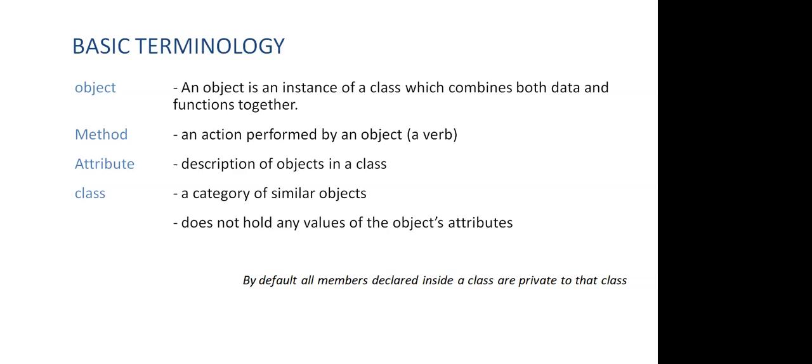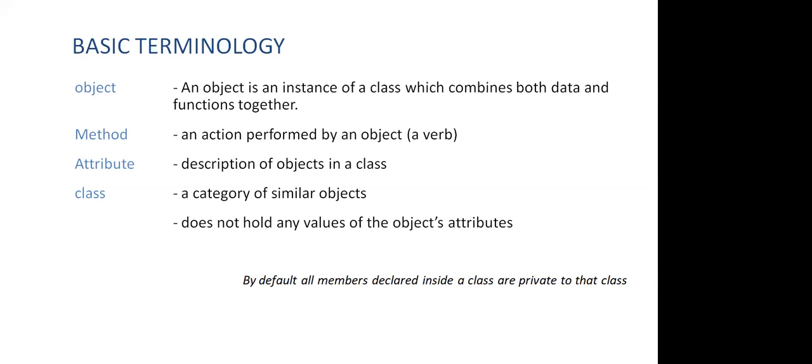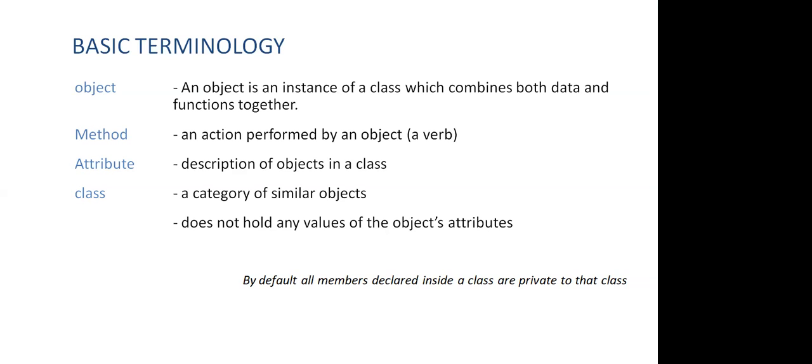Sir, age. Okay, Tenzing. What are the other attributes of this student object? Roll number, age, and address. Okay, so those are the attributes.